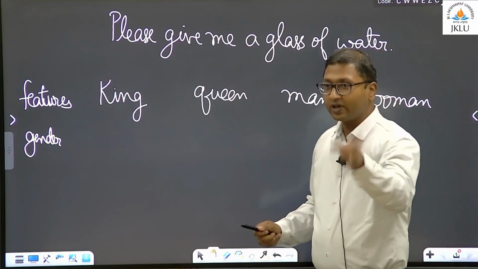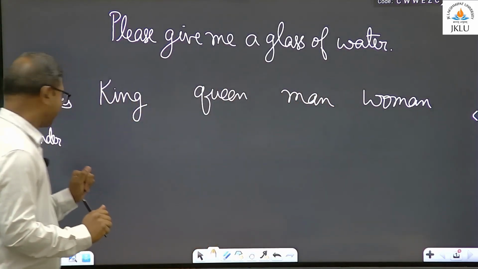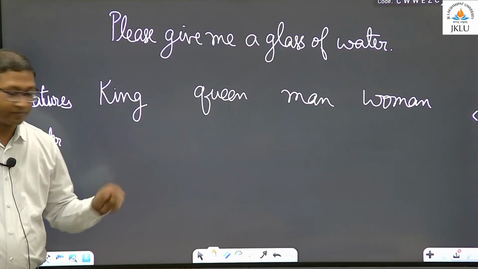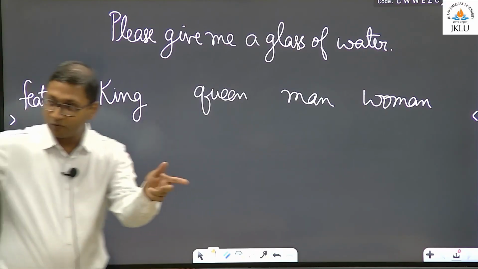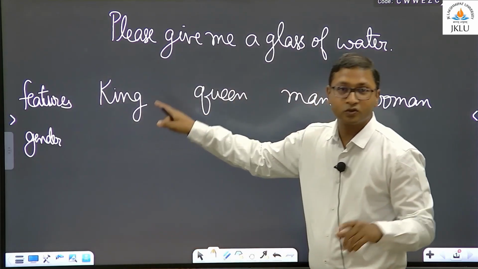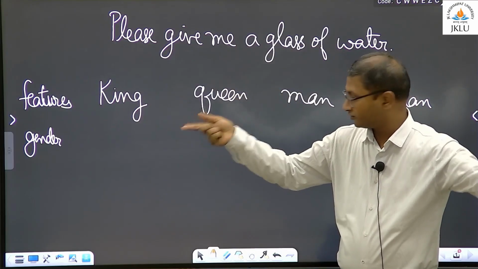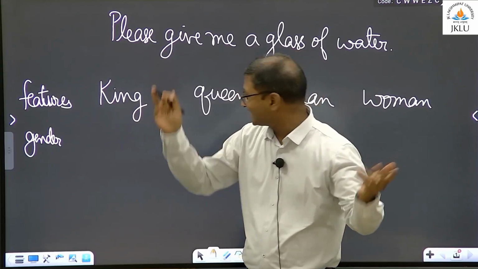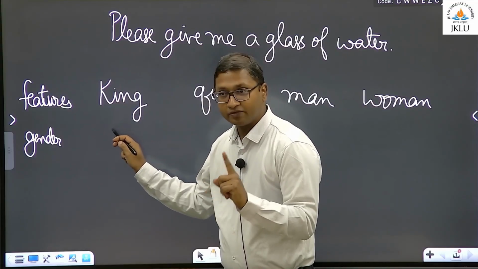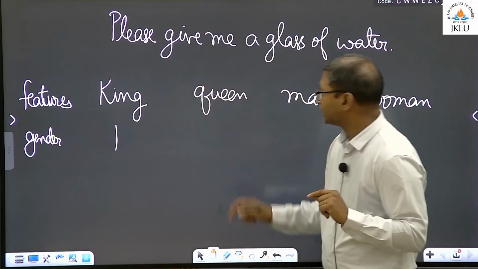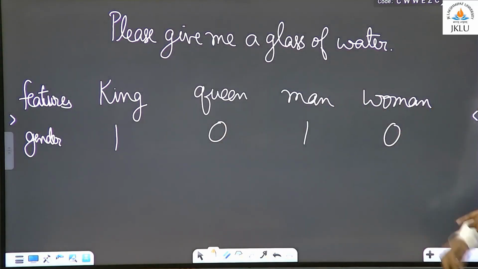Let's say we are assuming there are only two genders, so no offenses to anyone. Only males and females. So we can assign 0 and 1. Now king, let's say 1 is male, 0 is female. Again, no offenses, zeros and ones are just values. So for king, this feature will take value 1. Queen, this particular feature will take value 0.